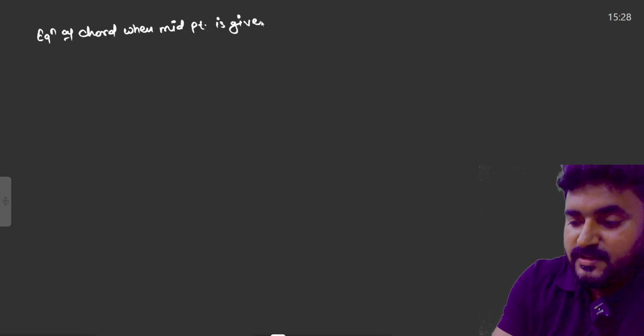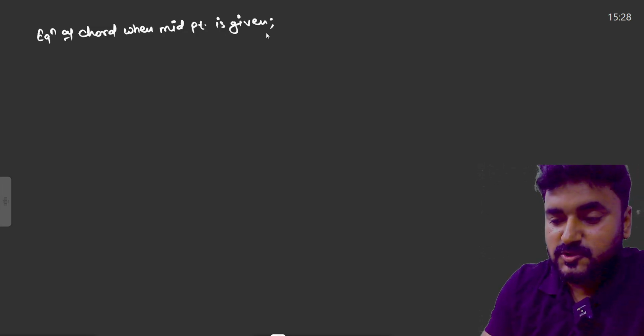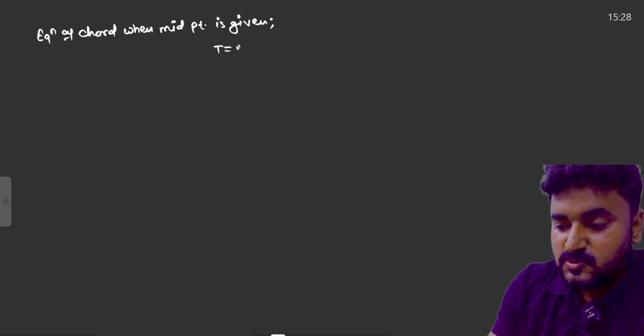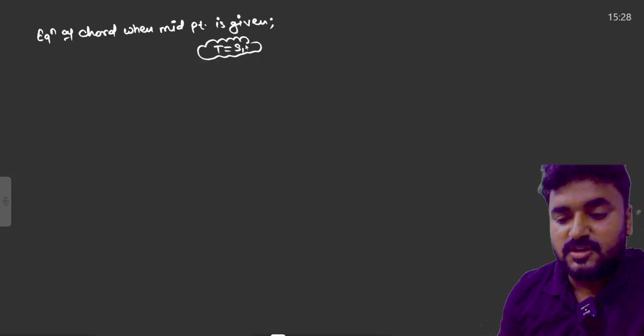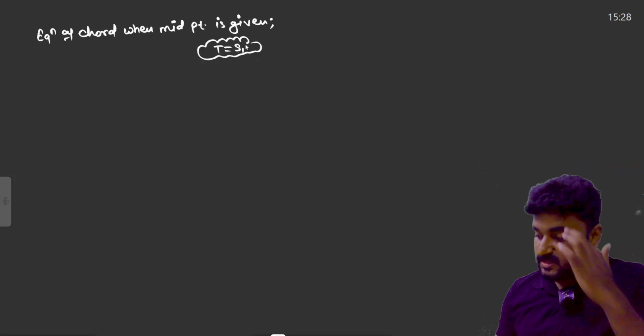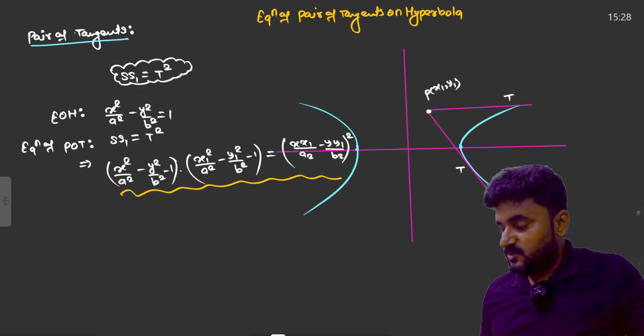You know very well that in the circle, parabola and ellipse you have done T equals S1. By using this we can find the equation of the chord when the midpoint is given. So I think you understand.